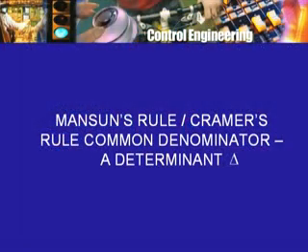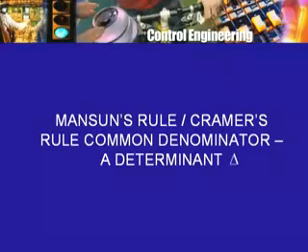Similarly, the numerator quantities also are determinants. So, in this case also we will first calculate an expression which is common for all these different multipliers. It is the common denominator of all of them, and as I told you earlier, it is very often called delta, because delta is the symbol that is often used for denoting a determinant.